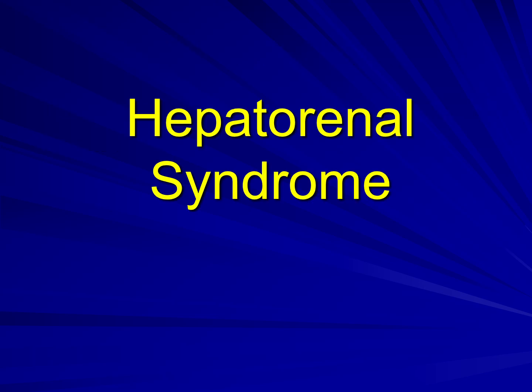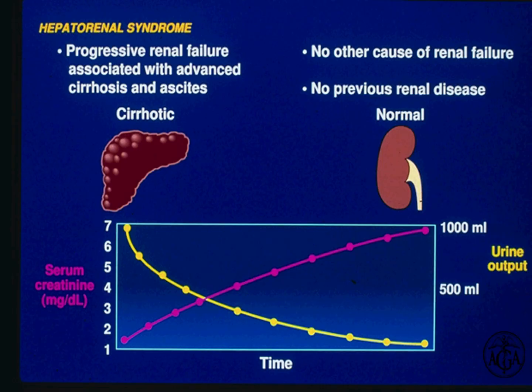Now we're going to discuss another complication of cirrhosis, which is hepatorenal syndrome. Hepatorenal syndrome is progressive renal failure associated with advanced cirrhosis and ascites in the absence of any other cause of renal failure and without the presence of any previous renal disease.